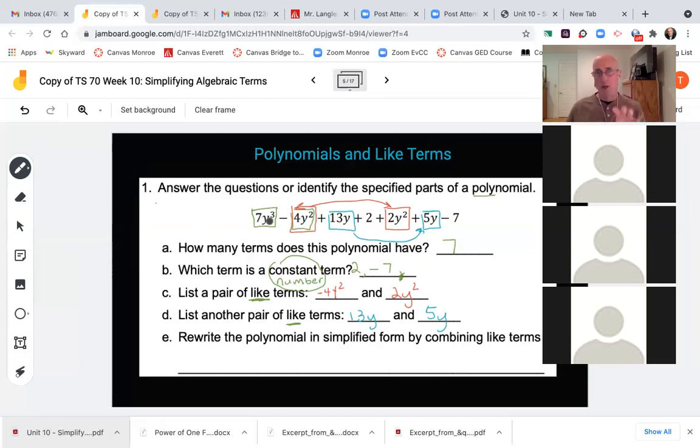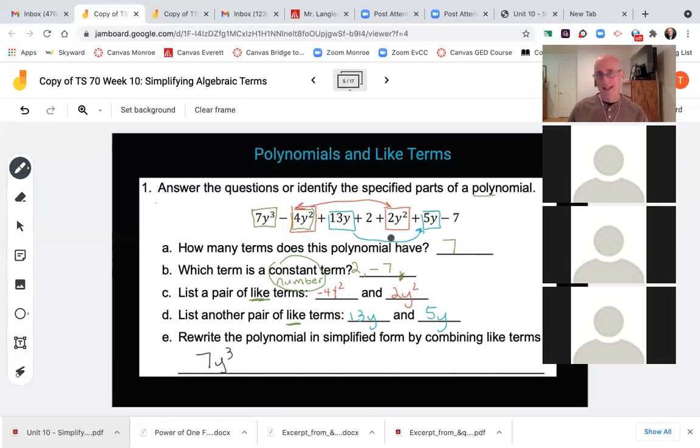I've got 7y to the third, and it's all by itself. None of the other ones are like it. So I would write 7y to the third. Now I've got -4y squared, and I've got plus 2y squared. You see that? These are two like terms.